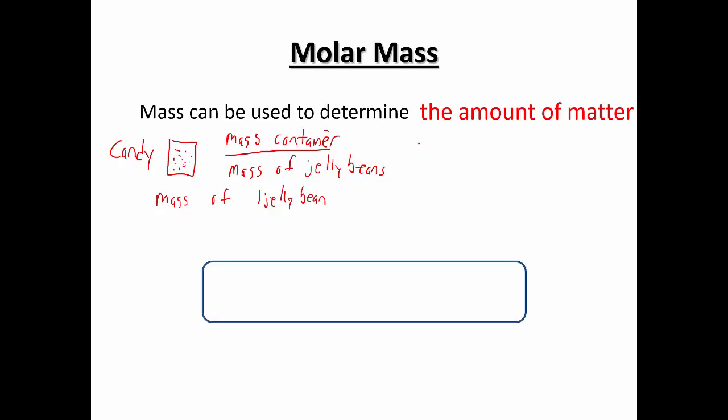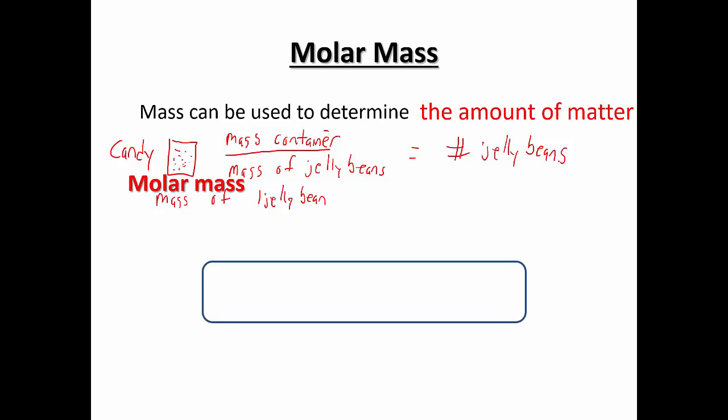We could use that to find out how many jelly beans total we have. That's one of the concepts we're going to be looking at, figuring out how much material or matter we have.